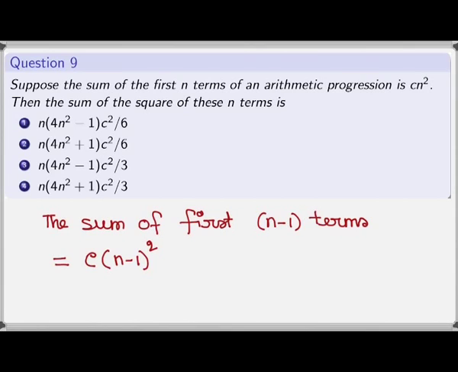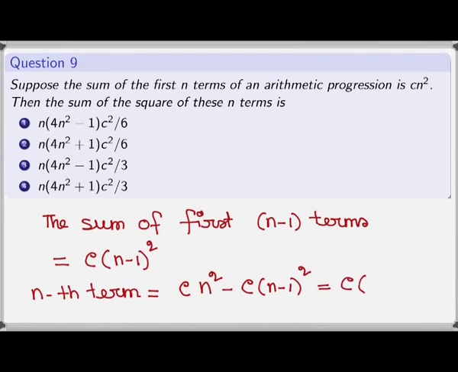Therefore, we know what is the nth term. The nth term is nothing but the sum of first n terms minus the sum of first n minus 1 terms. So, we have the nth term is c into n square minus c into n minus 1 square, which is c into 2n minus 1.